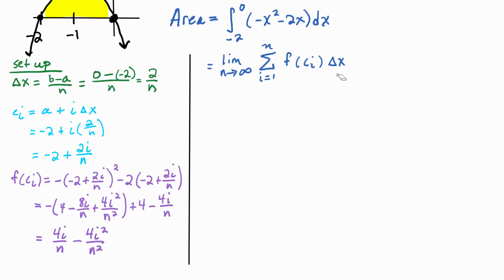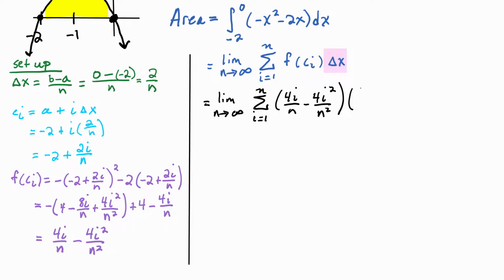Now we know all of these pieces, so this becomes the limit as n goes to infinity of the summation i equals 1 to n. f of c sub i is this expression down here, 4i over n minus 4i squared over n squared. Then we have to take that times delta x, which is 2 over n.